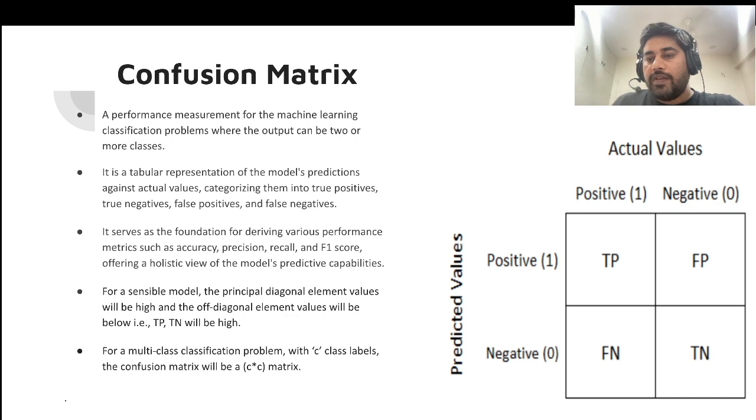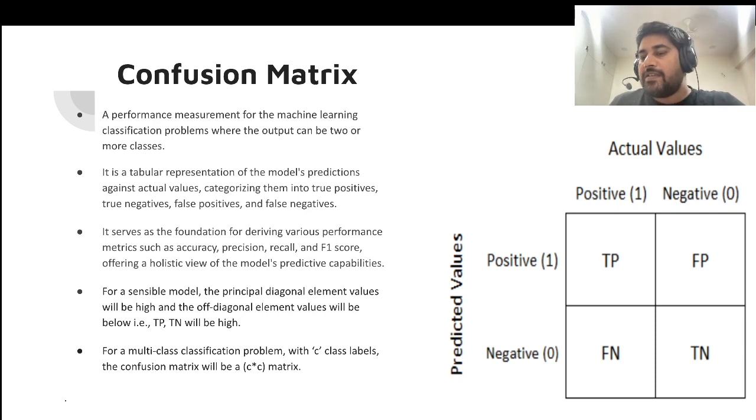Here one is positive and this is negative, and for the predicted value, this is positive and this is negative. True positive means the value was positive and it has predicted positive, and true negative means the value was negative and it has predicted negative.